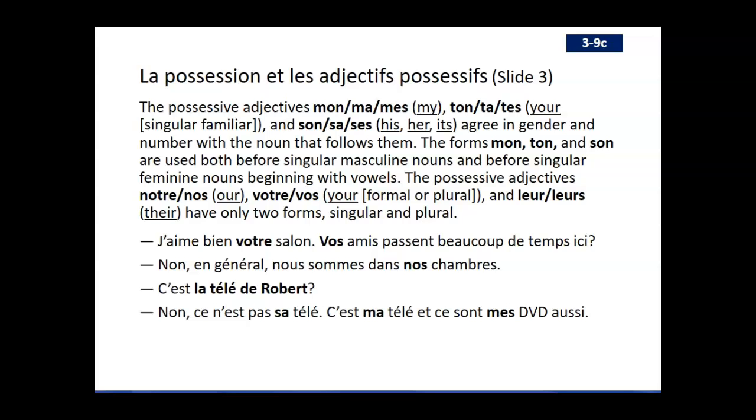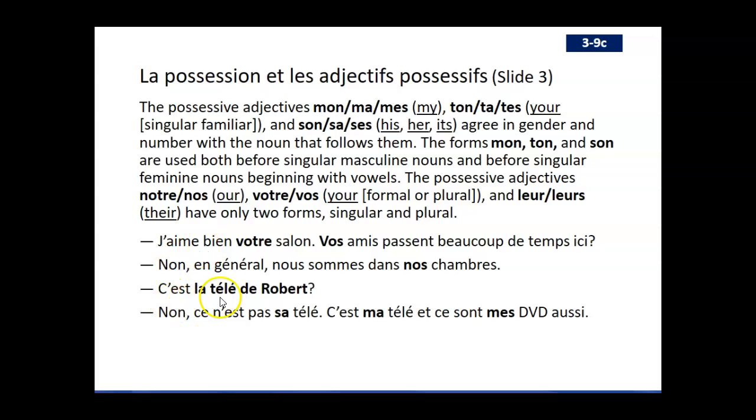But here I'm talking about more than one chambre, so it's nos chambres. And nos is what would tell the listener that I'm talking about more than one room. If I said notre chambre, chambre is pronounced the same, whether it has an S on it or not. But notre would indicate to the listener that I'm talking about one room, nos chambres, more than one room.